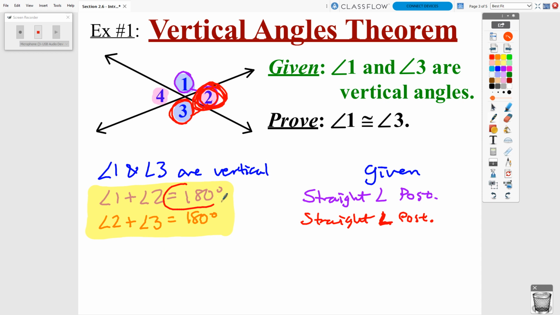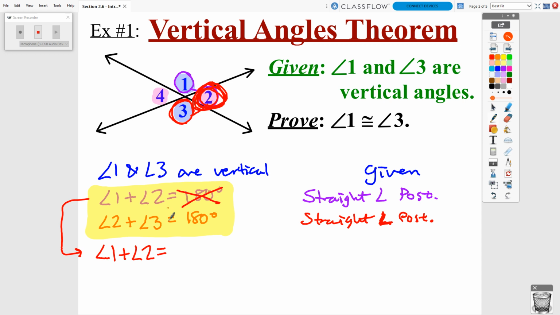Now, what is true about both of these equations is they do in fact equal 180 degrees. So what I'm going to do is this. I'm going to start rewriting this equation, and you don't have to draw the arrow down here. I'm just trying to illustrate where I'm getting this information from. But instead of writing angle 1 plus angle 2 equals 180, how about I substitute out that 180 degrees with something else that is equivalent to 180 degrees?